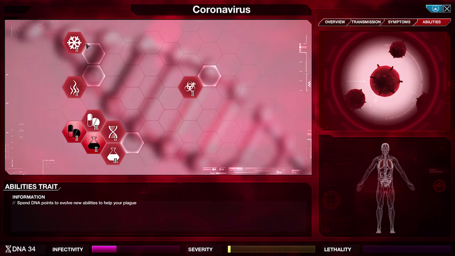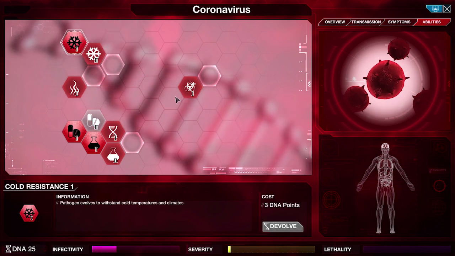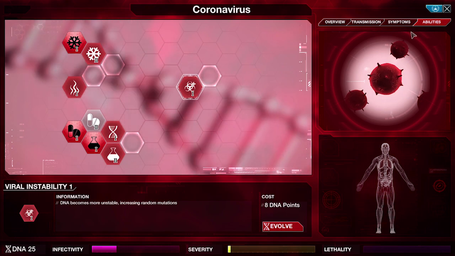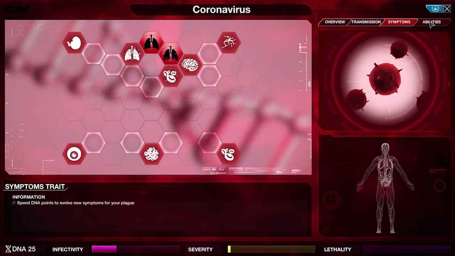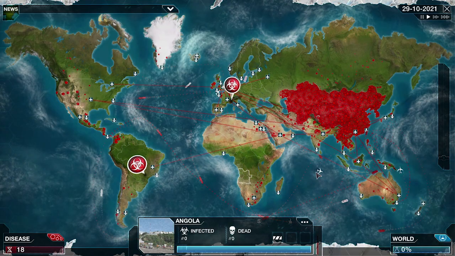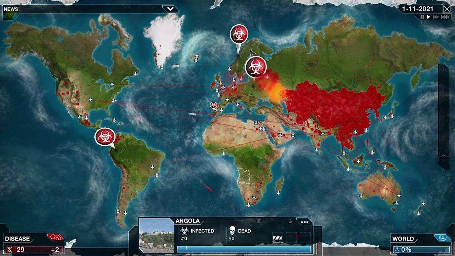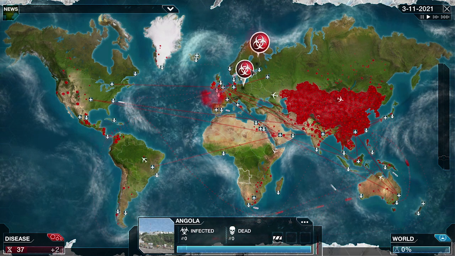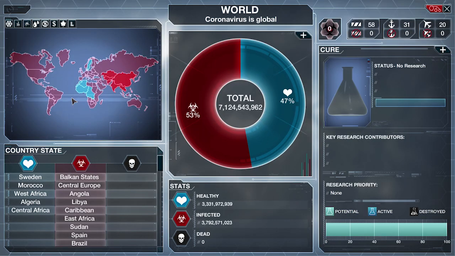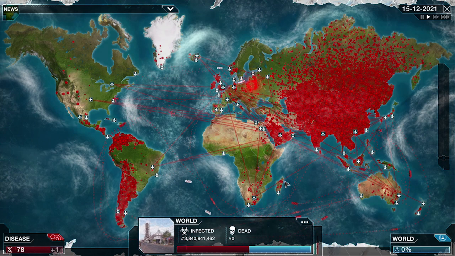I'm gonna give myself cold resistance, and I'm not gonna give myself viral instability just yet, because there's a good chance I'm gonna start getting symptoms that are gonna kill people. Oh my god. Yeah, it'd be like that. So we have 5 countries that need to be infected. All of them are in Africa except for Sweden.